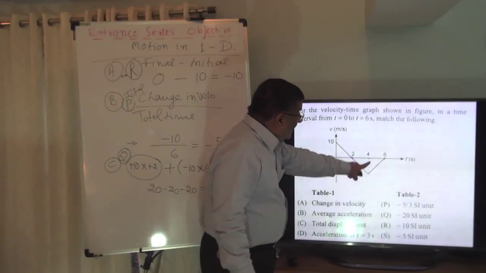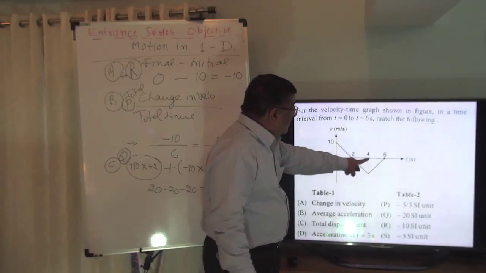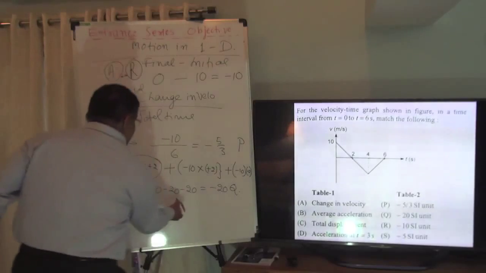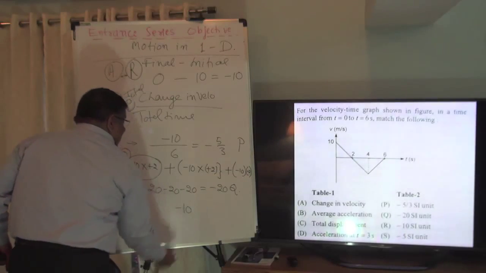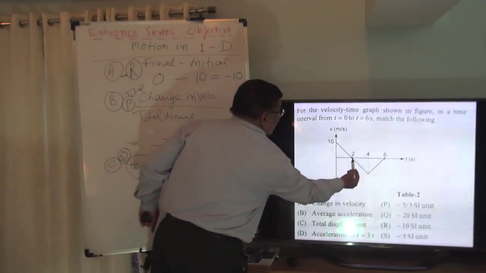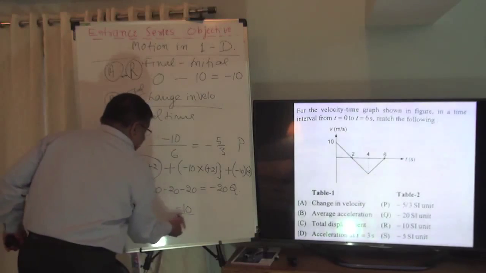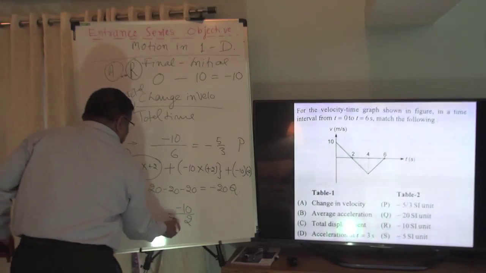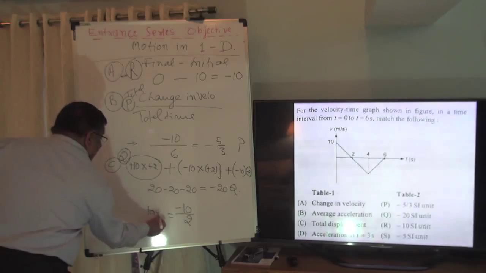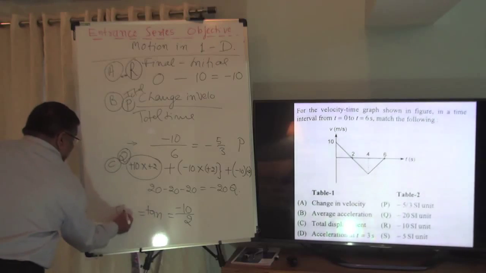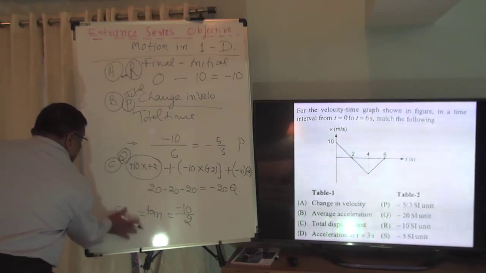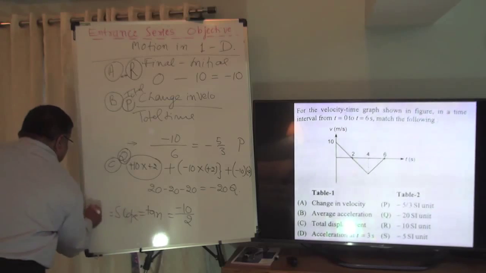This is perpendicular, this is base, the perpendicular is minus 10 and the base is 2. What we are getting? Tangent. Why we are getting the slope? Because in VT graph, acceleration.